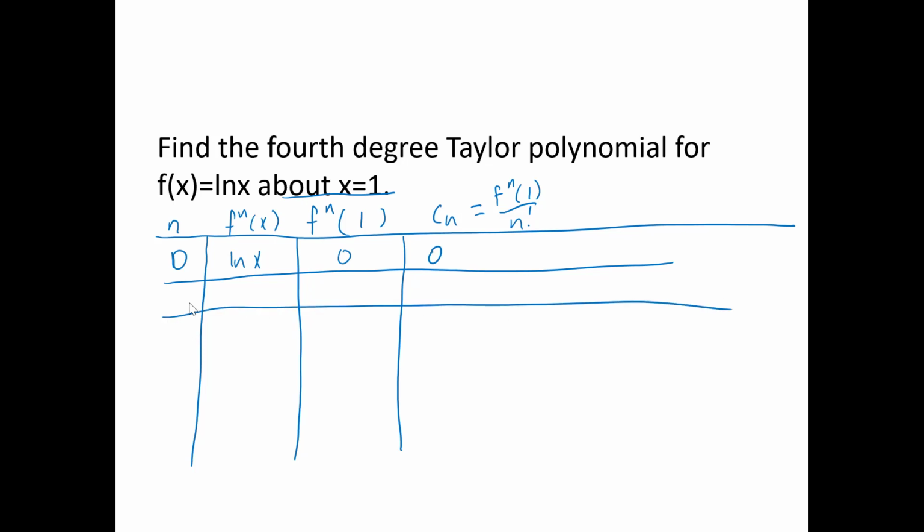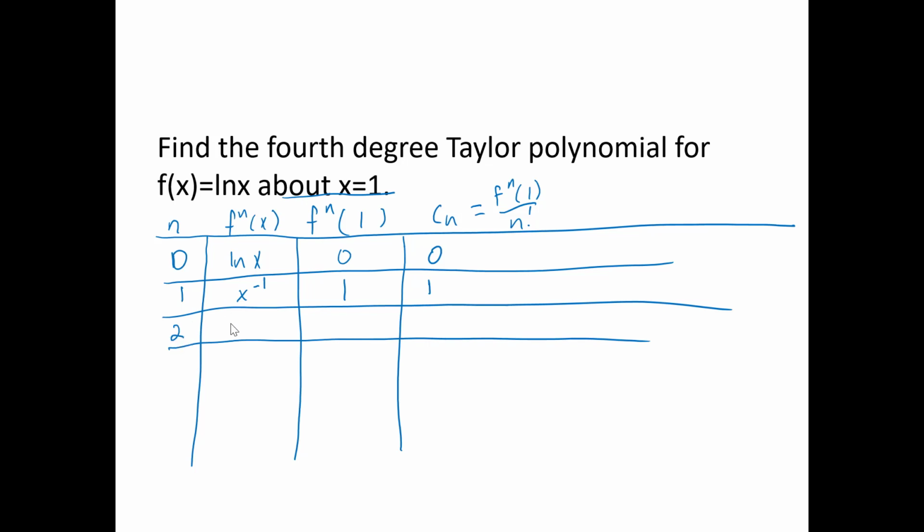When n is 1, now you're looking at the derivative of this, which is 1 over x, but for future derivatives, it'll be better to write it x to the negative 1. Then when you plug in 1, 1 to any power is 1. And so you get 1. And then your 1 divided by 1 factorial is 1.